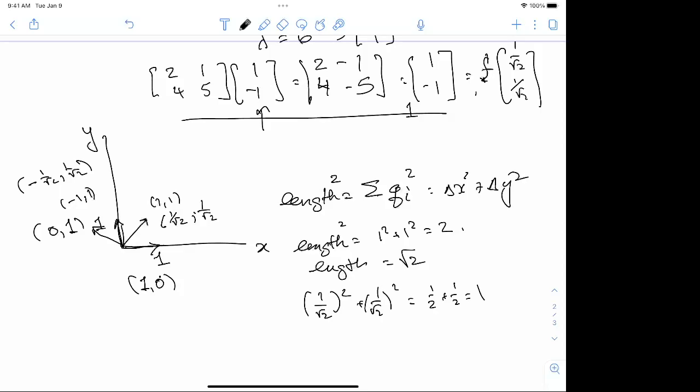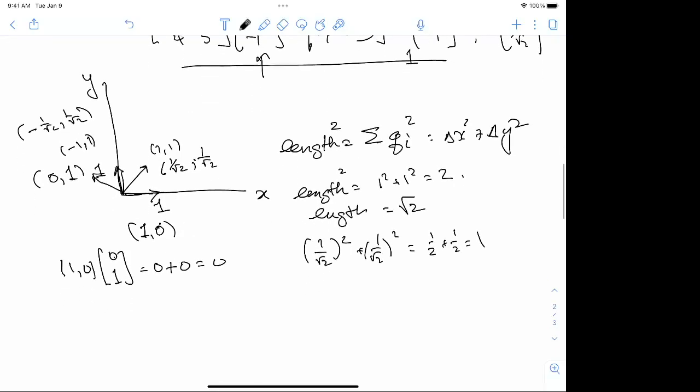And if I take my dot product now, and I take 1, 0, and I dot it into 0, 1, well, I get 1 times 0, which is 0, plus 0 times 1, which is 0, and I get 0. But also, if I take my other set of axes, 1, 1, and negative 1, 1, well, I get 1 times negative 1, which is negative 1, plus 1 times 1, which is 1, and I still get 0.